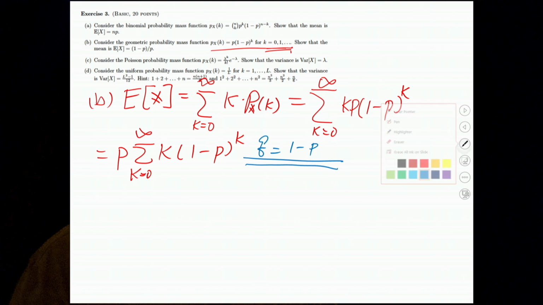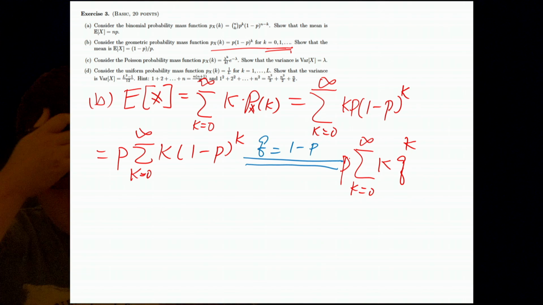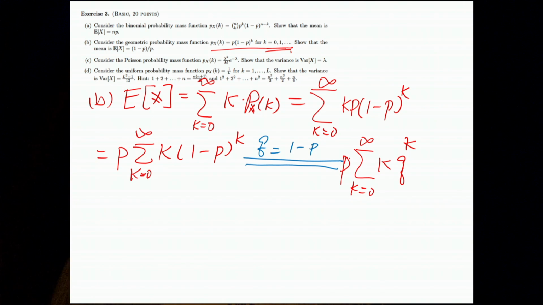As you can see, I still have a p outside, and k is still from 0 to infinity, and then k times q to the k. And I think the k should be from 1 to infinity.